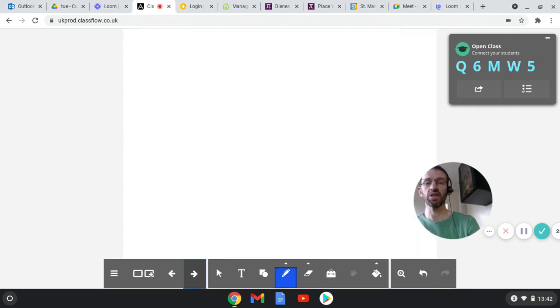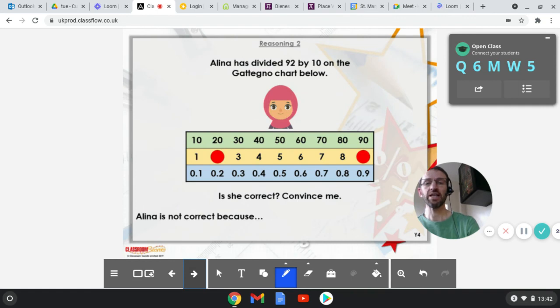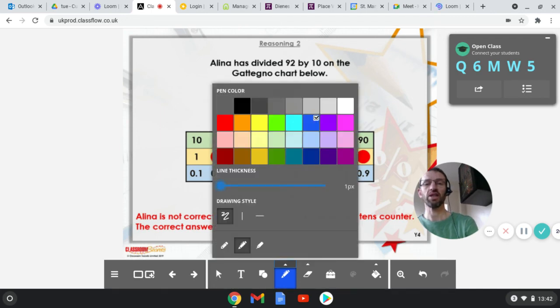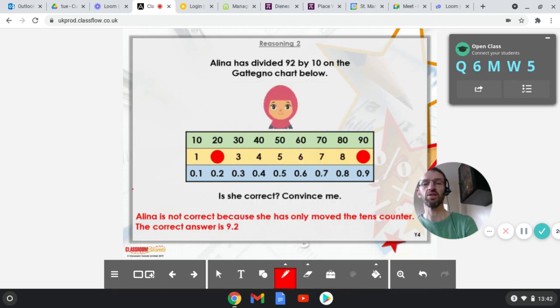Let's see what they say. Alina is not correct. Yeah, because she's only moved the tens counter, and the correct answer is 9.2. Yeah, so really what she needs to have is a little red disc. Should have been moved down and put over there. That's where it should be, which would show us 9.2.